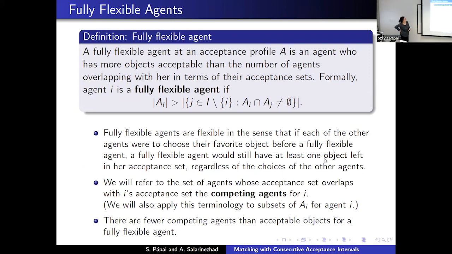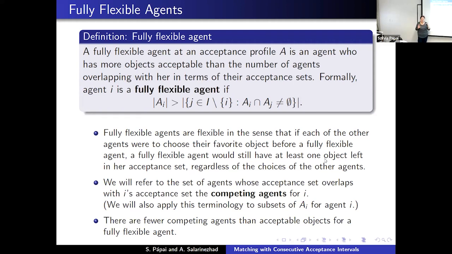Okay. So let me define fully flexible agents. A fully flexible agent is an agent who has, actually, let me start with the competing agent. I think that's more intuitive. Each agent has competing agents, which are the agents who have at least one object that overlaps with their acceptance set.